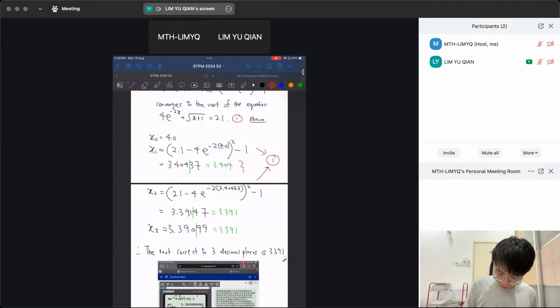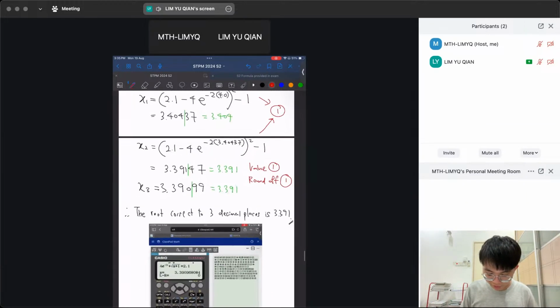And if you know how to round off, another mark. So you know the stopping criteria.